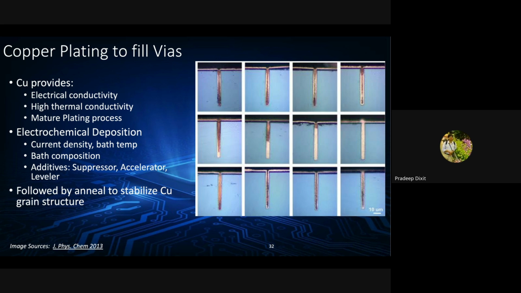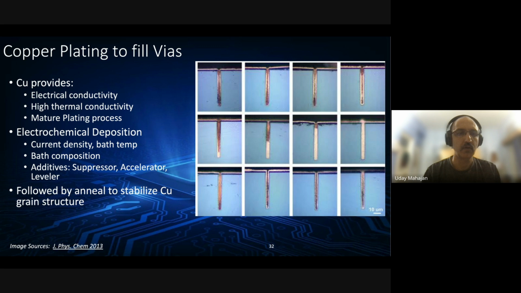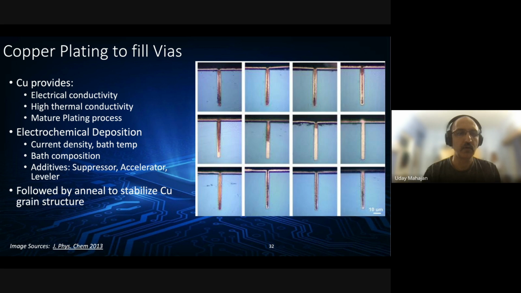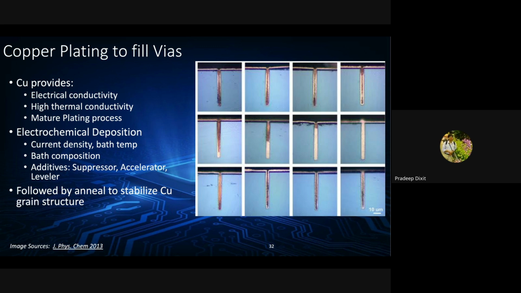How do you ensure that on the top side there's no deposition taking place? There will always be deposition, right? You cannot eliminate it, because the copper seed layer is everywhere on the surface. Yes, but the goal is not to eliminate it, but to slow it down. If you look at the center picture, the middle one, at least from the visual, it appears that the thickness of copper is the same.